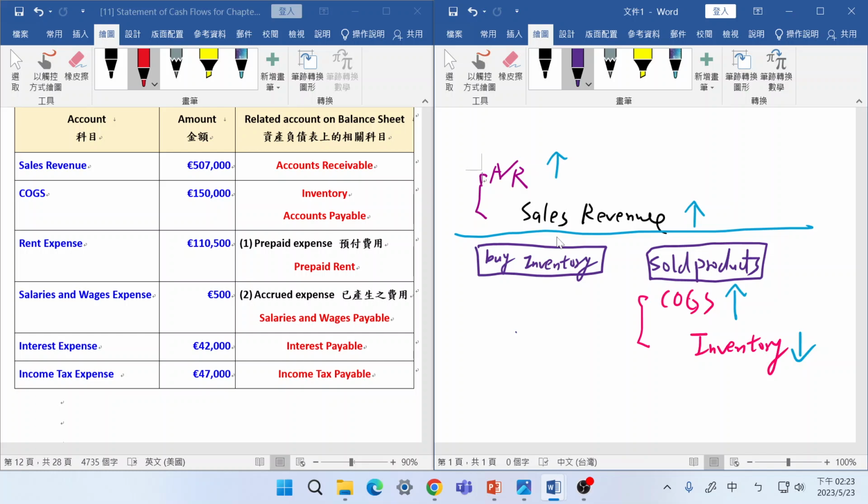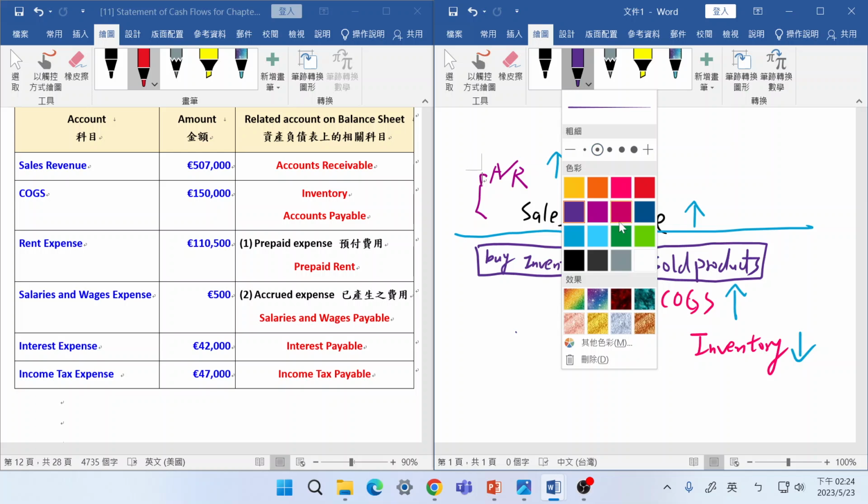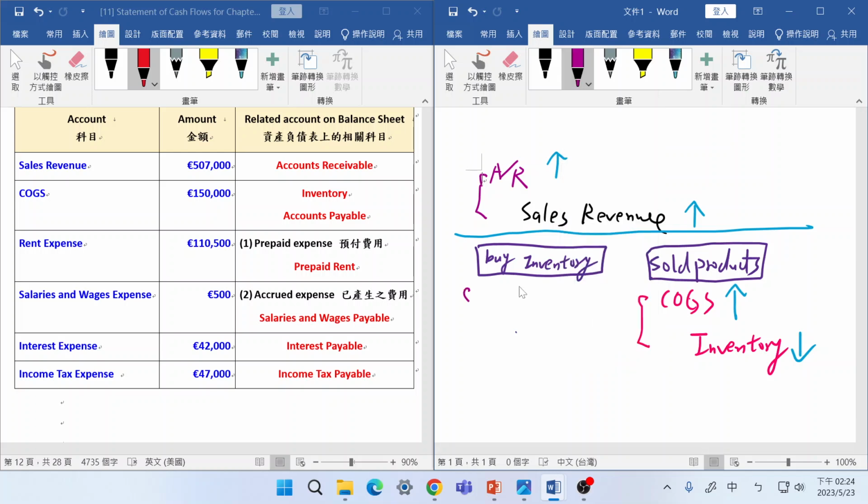So when you buy the inventory, what's the journal entry we use? Debit what? Credit what? Buy the product, you got the inventory, right? Then, did you pay? Usually, we don't pay. So you will have accounts payable, right? Liability increase, okay?